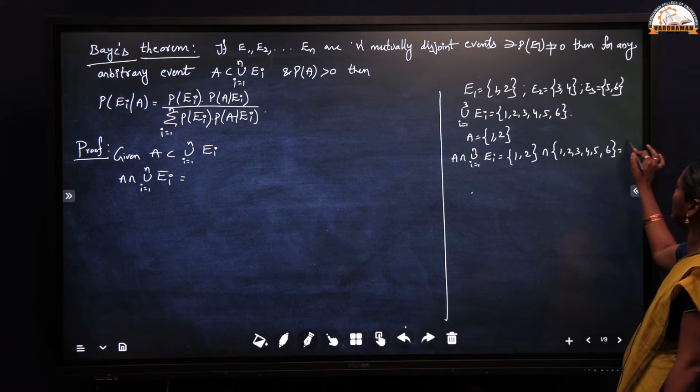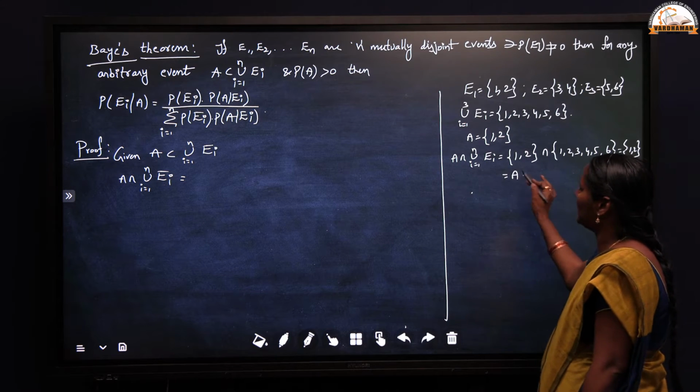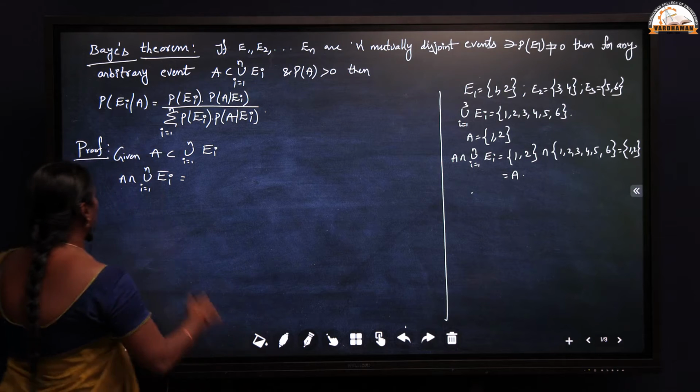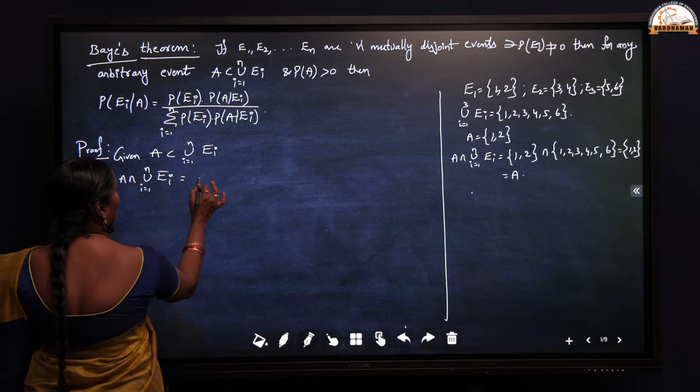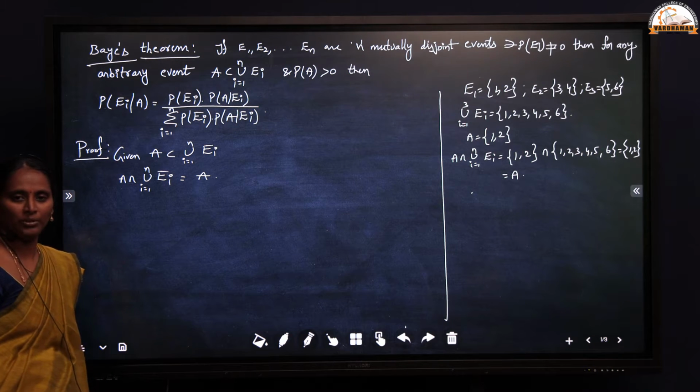The intersection is the set 1, 2, which is equal to set A only, right? So A intersection the union of Ei for i equals 1 to n is equal to A only, as per the example.